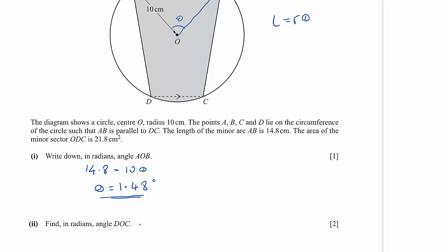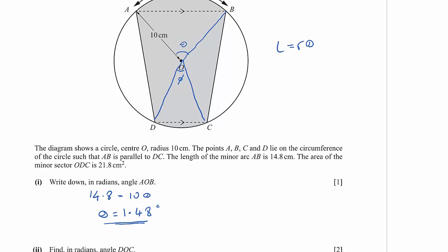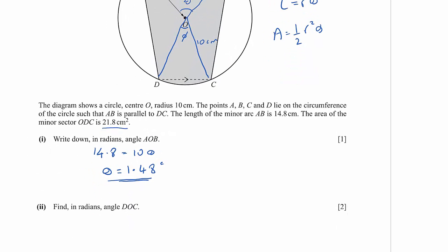Find in radians the angle DOC. So DOC is this angle here, which I'll call phi for now. And we know that the area of the sector that I just marked, the sector ODC, is 21.8. And the area is a half r squared theta. And of course we know that r is 10. So 21.8 is equal to half times 10 squared times phi.